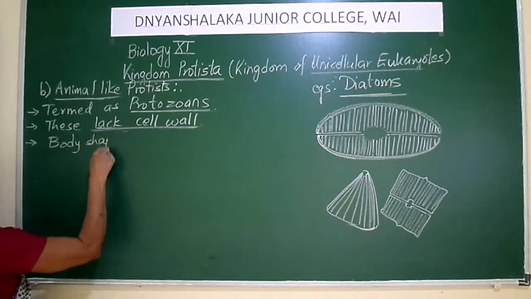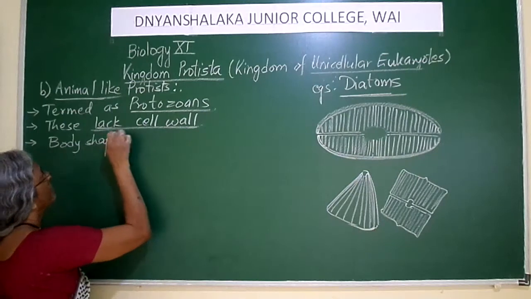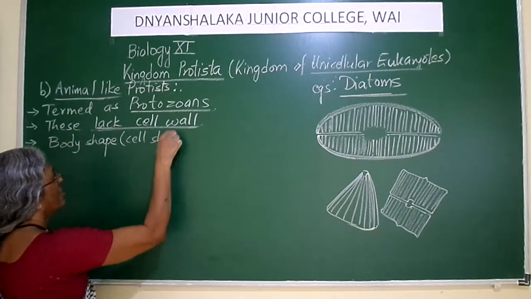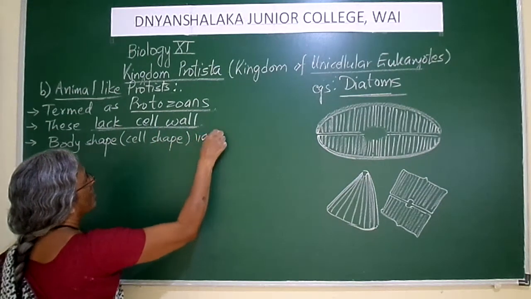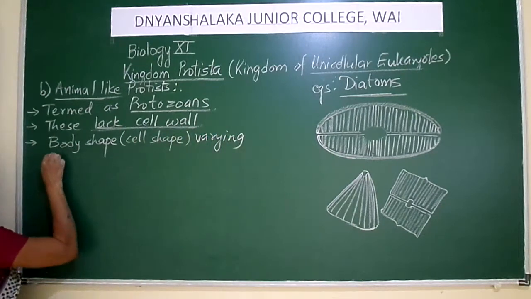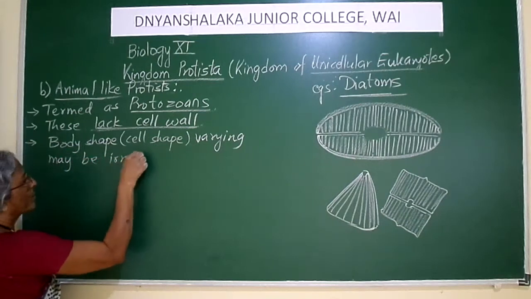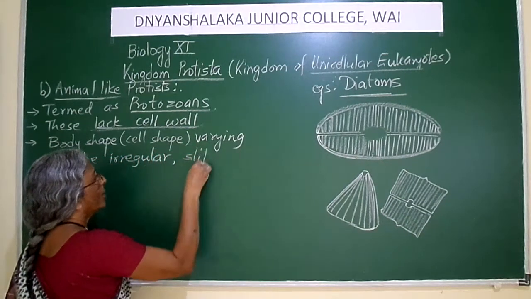In fact, when I say body, the body is a single cell. So you can call it cell shape. So these will be varying. May be irregular, slipper shaped.